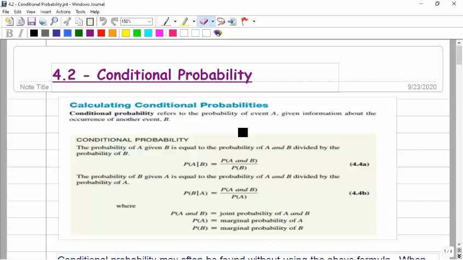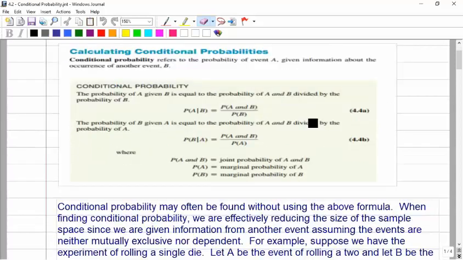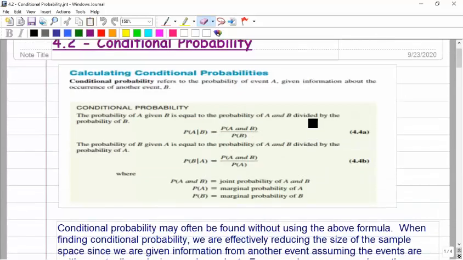Here's another one. Let's say you roll a single die, and we'll say, what's the probability that you roll a 2? We'll just use a basic example. Well, it would be 1 out of 6 because there are 6 total outcomes.